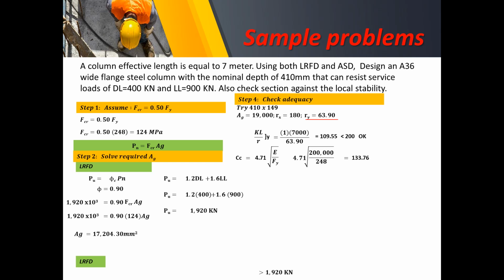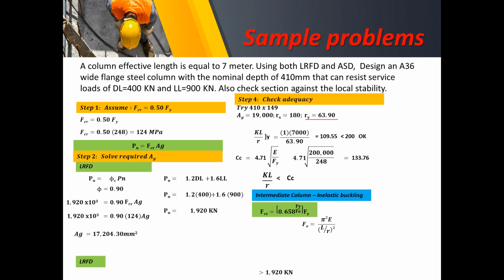So obviously, your KL over r is less than your Cc. Therefore, it will fall under an intermediate column with the mode of failure of inelastic buckling. Hence, we utilize the formula for Fcr for this trial section with that expression.